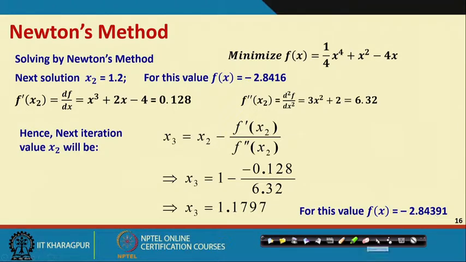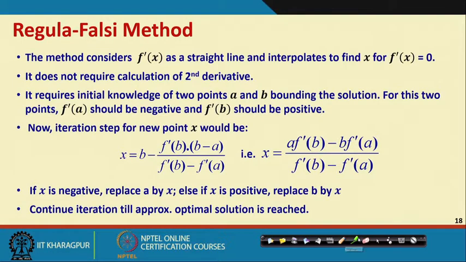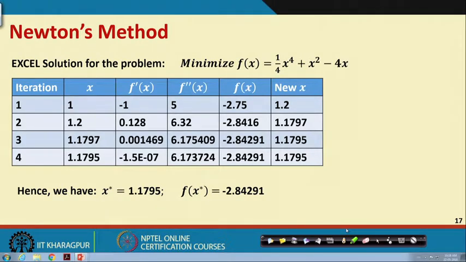So, that is the second, and again using Excel we have tabulated the value moves from 1 to 1.2, 1.1797 and 1.1795.